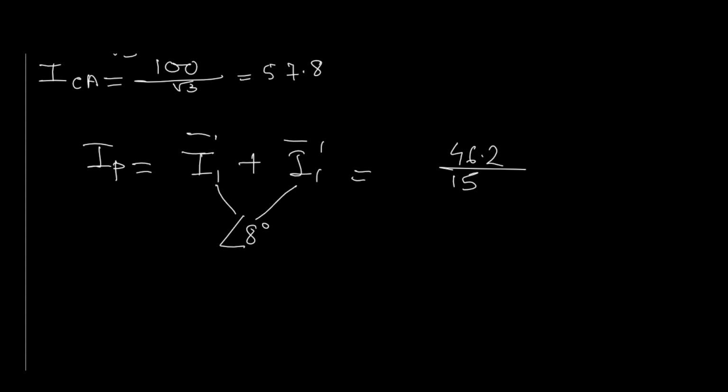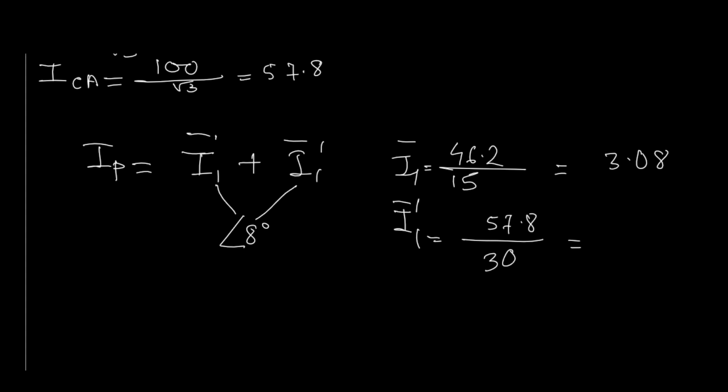Let us write separately. I1 is 46.2 by 15, so you will get a value of 3.08, and the other one will be 57.8 by 30, that is 1.93. Now what would be the primary current?